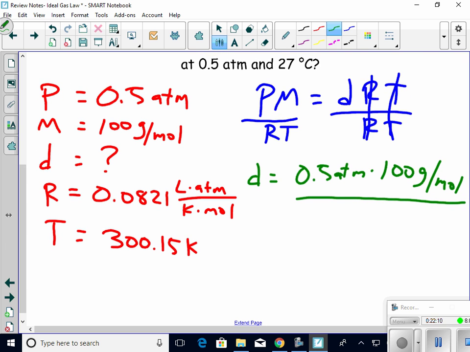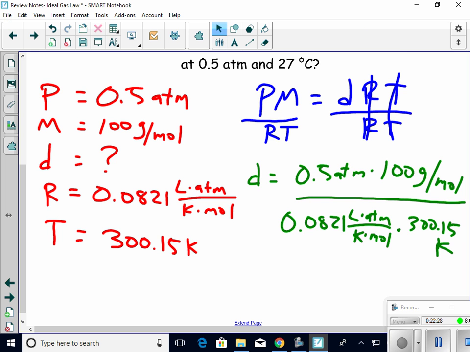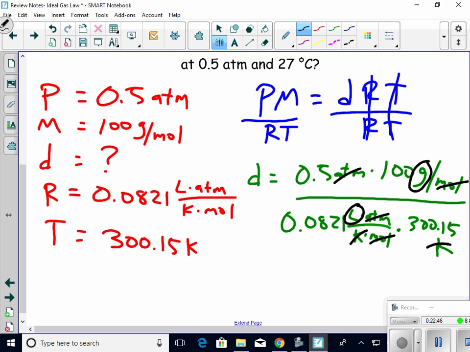What is R? R is my constant. And last one, T. So if I go through, there's an atmosphere that cancels. There's a mole. There's a Kelvin. So as I can see, I'm going to have grams over liters.